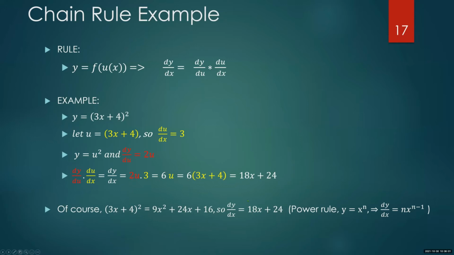The point here is that we've shown a simple example of using the chain rule, and we've also been able to multiply it out and differentiate it in a simpler way, but we're still getting the same answer. So it's consistent. So either approach is valid, and it's always good to be able to check your own work.